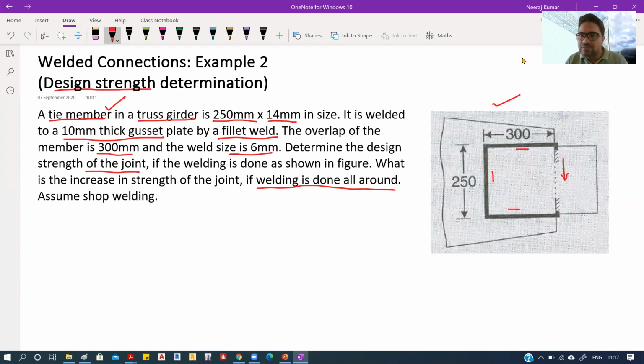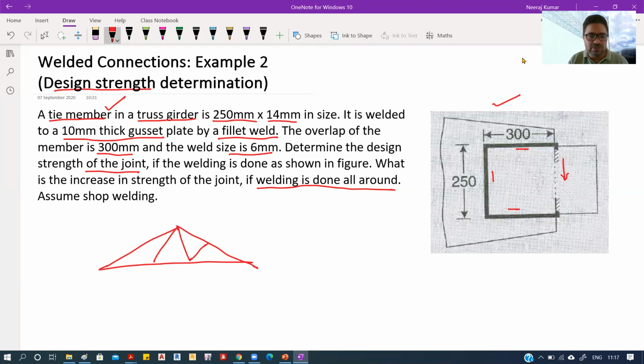Generally, tie members are those members which are mainly intended to carry the tensile force. Generally, in a truss, say if I make a truss, there may be some truss members.